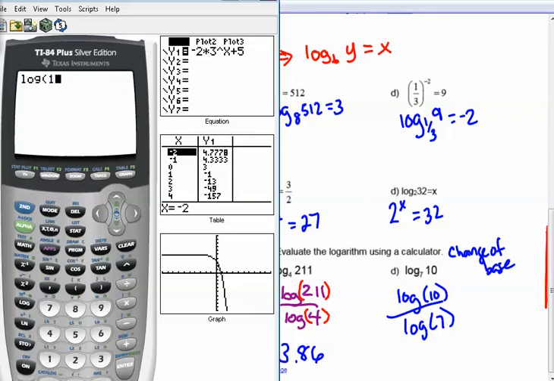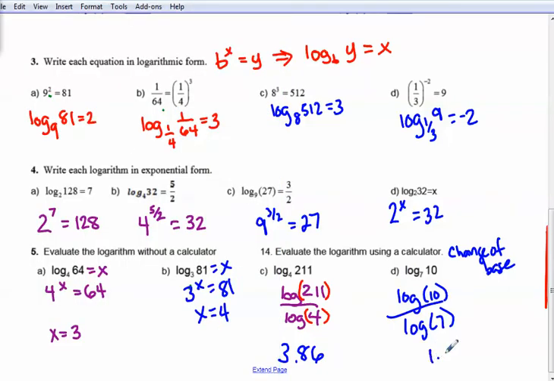Log 10, close your parentheses, divided by log 7. Okay, so 1.18. All right, when you're ready, turn the page.